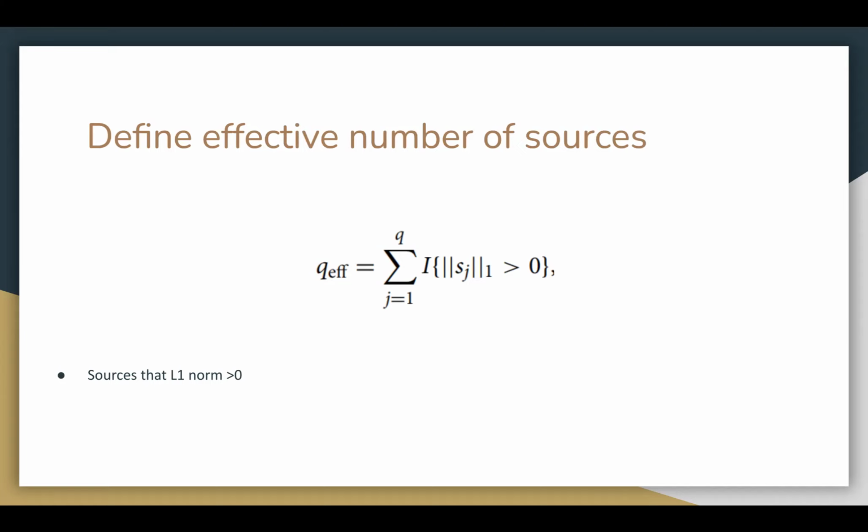This is just a basic definition. During their training and optimizing, it will have other tricks to settle this. So basically, to define the effective number of sources: as long as the sampled latent source is not just 0 through the brain domain, it will be considered as an effective source. So this is what this equation is trying to say.